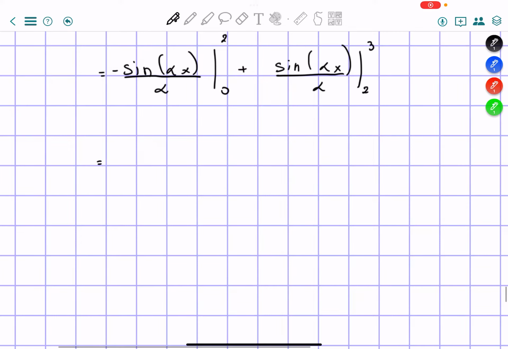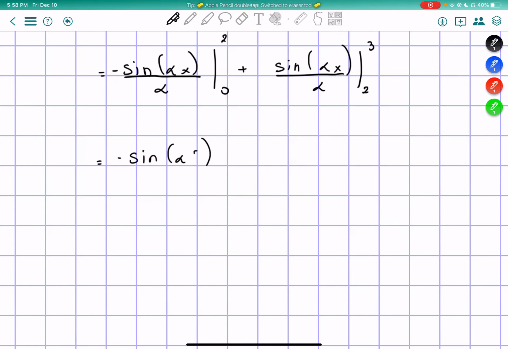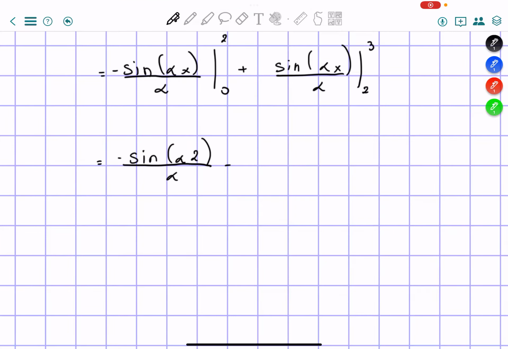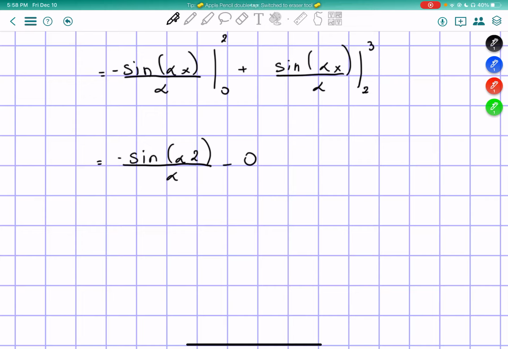Okay, so now we're going to solve it. First one, we're going to get negative sine of alpha x, with x equal to 2, over alpha, minus, well, that's going to be equal to 0, actually. So we're going to get minus 0, since sine of 0 is equal to 0.